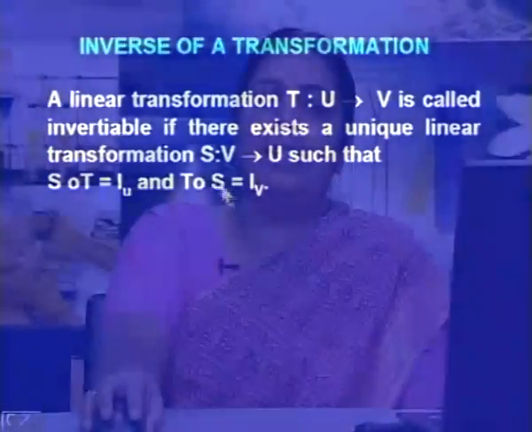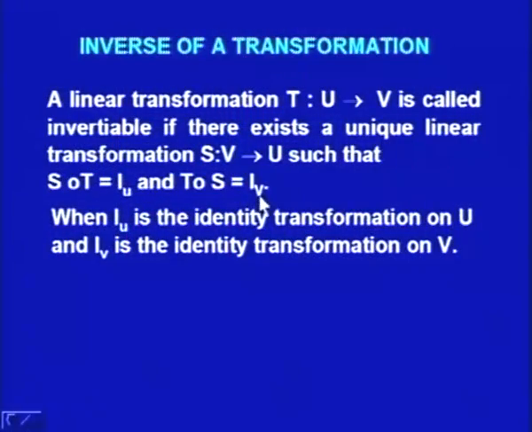If we can find such a transformation that these two composite transformations satisfy this, then we can say that the transformation is invertible. Here IU is the identity transformation on U and IV is the identity transformation on V.